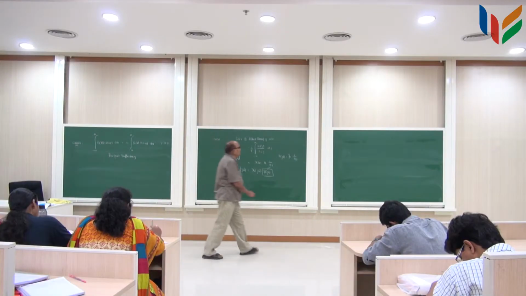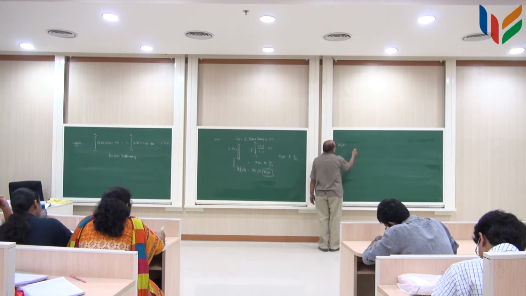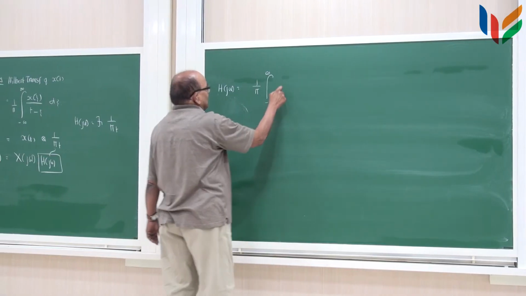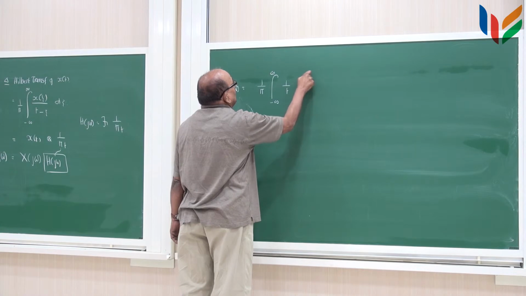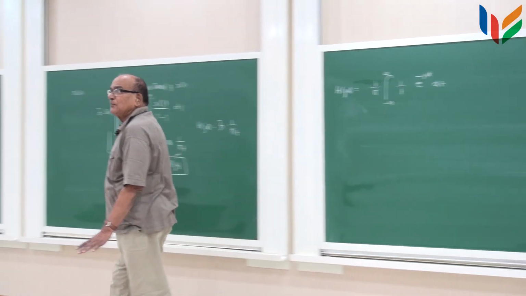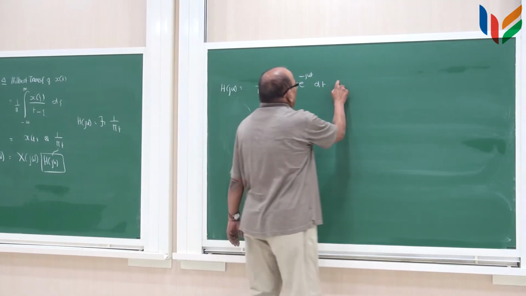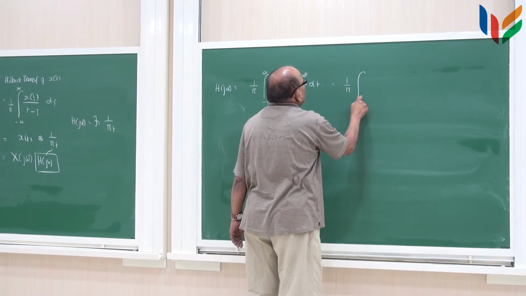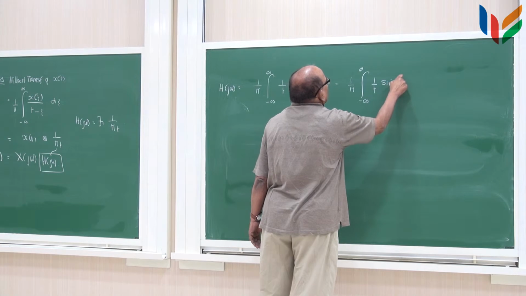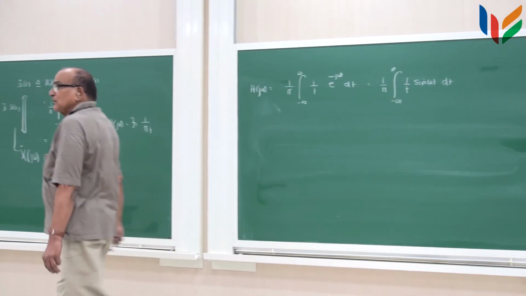By definition, H(j omega) is equal to 1 by pi, integral from minus infinity to plus infinity of 1 by t e to the power of minus j omega t dt, using the definition of the Fourier transform, which is equal to 1 by pi times an integral. Again, there is the even function and odd function issue.